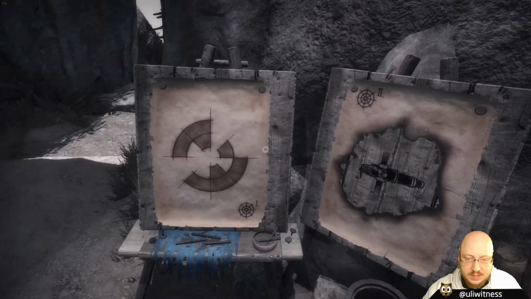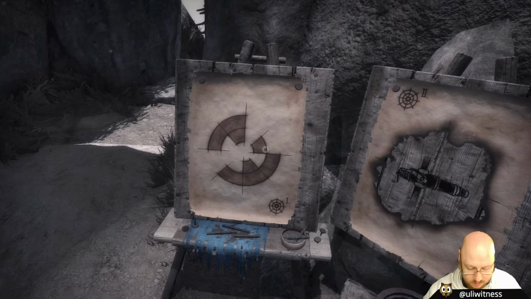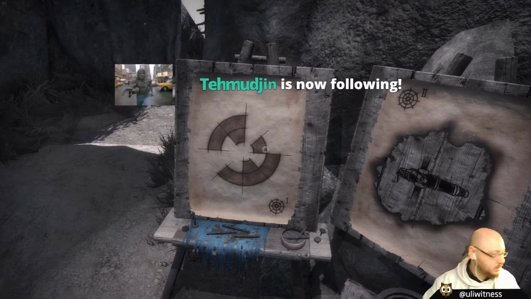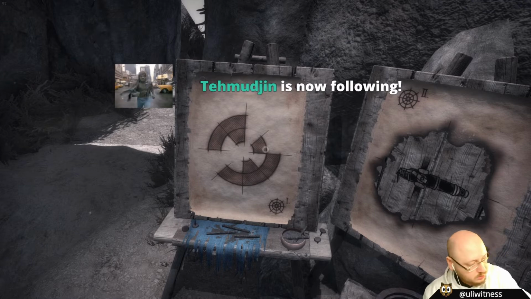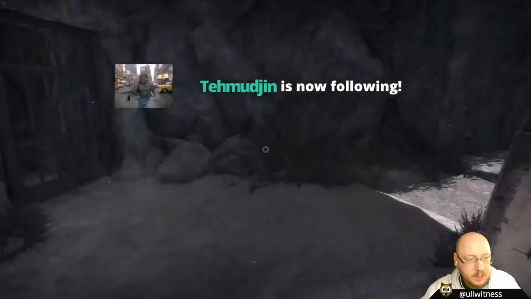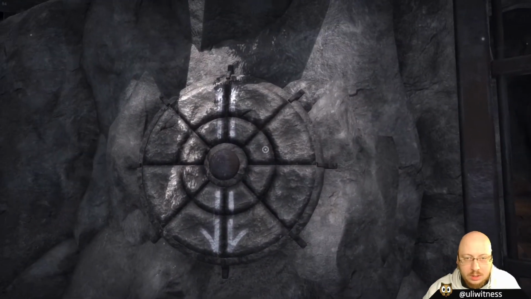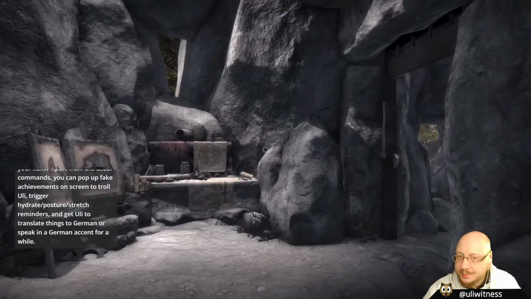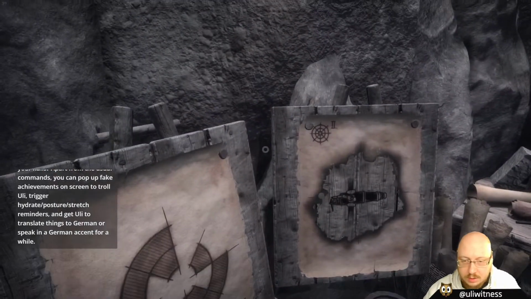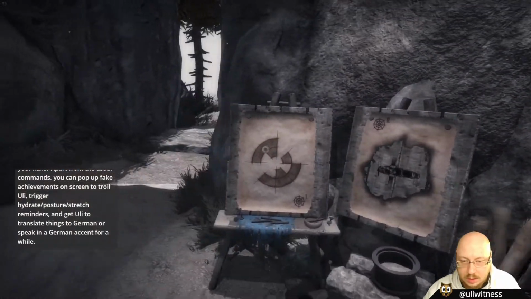And is this now the gate? Okay, guess I need a different pen. And of course, it's upside down now.